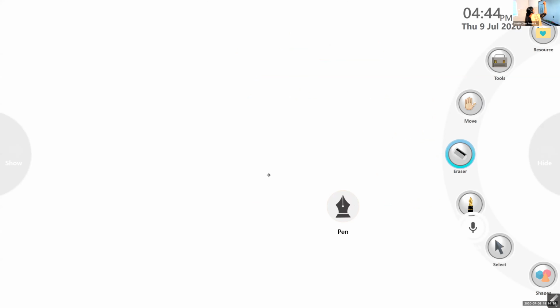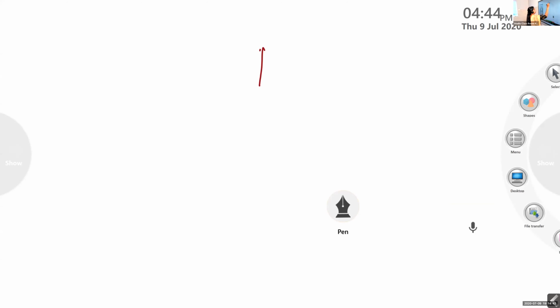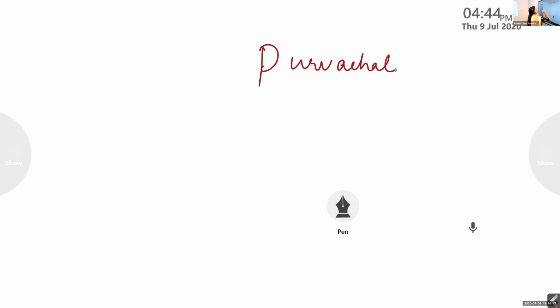Okay. Then beyond Brahmaputra, we have one more mountain range. It is called Purvachal. It is composed of sedimentary rocks and sandstones.